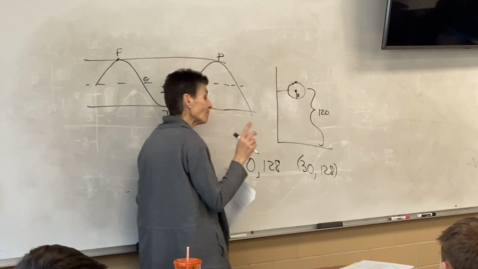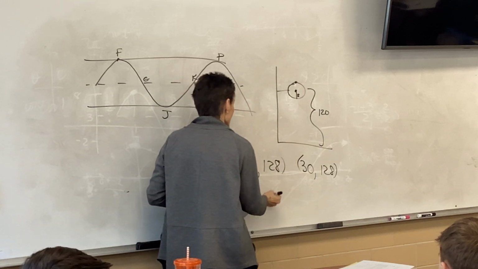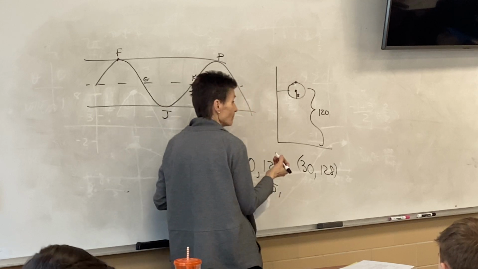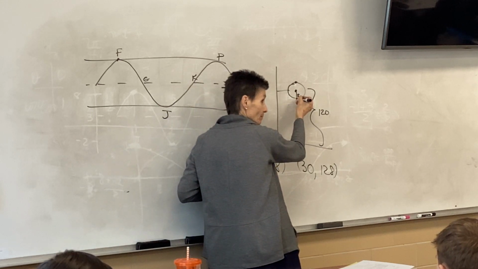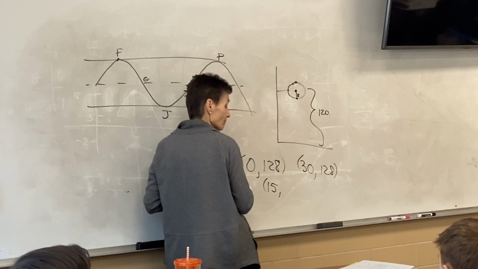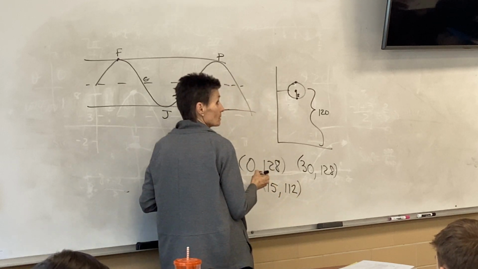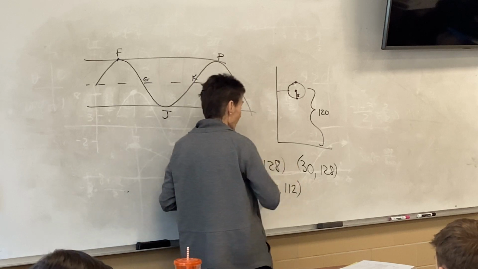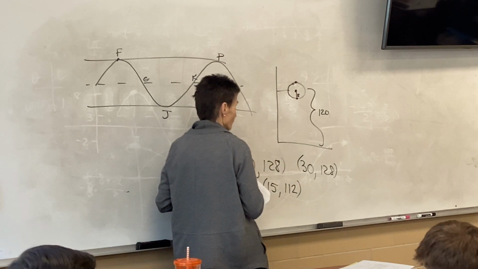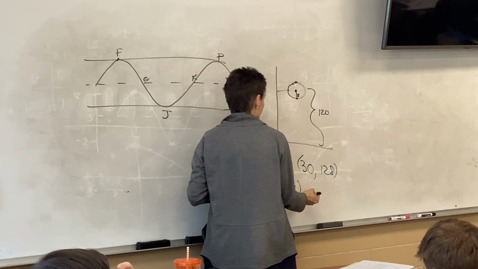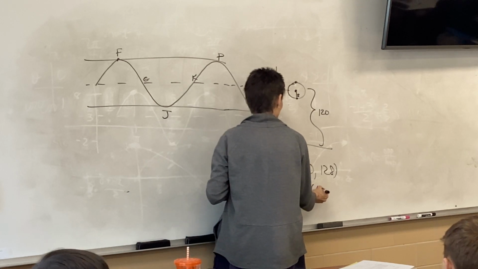Now, halfway in between, so at 15, the hand is straight down? Yeah. How high is it then? 112. When is the next time it's at 112? 45.